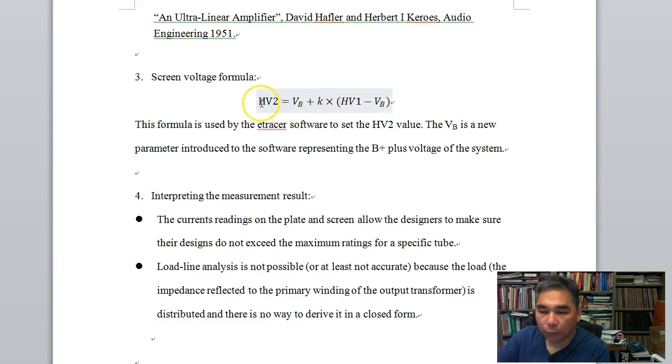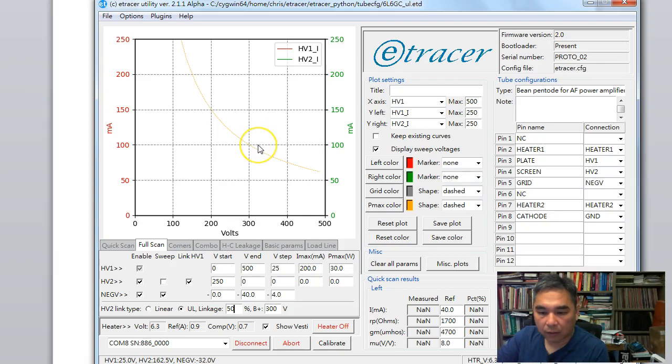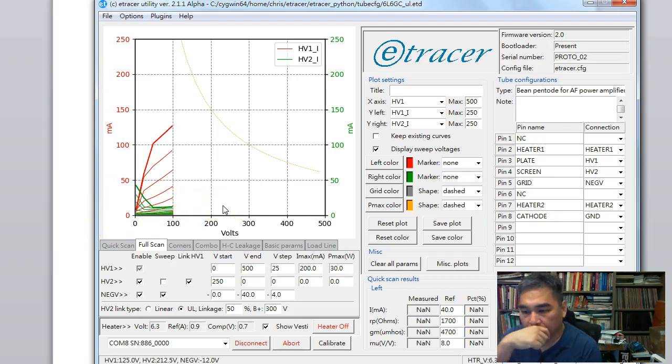With this configuration we start scanning, and HV2 will follow this formula with K equal to 0.5. Now we can see the curves, with the plate current marked in red and the screen current marked in green.